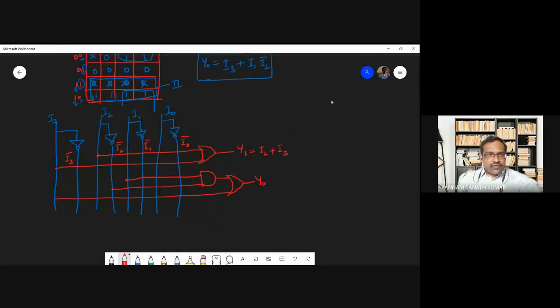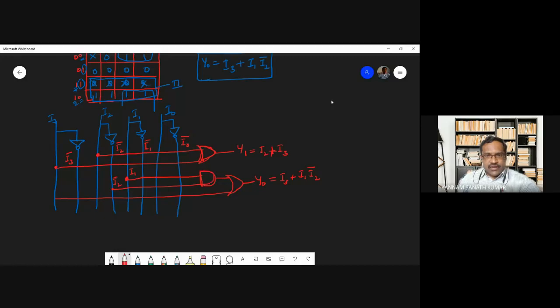Okay. So here, see here. This is I2, no? This is I2. Okay. And I3. This is I3. So plus means what? It is connected with an OR gate. Okay. This is an OR gate. And what is Y0? Y0 equal to I3 plus I1 I2 bar. Okay. So see here, first I1, this is I1 and I2 bar. These two are connected and this is connected with the AND gate.